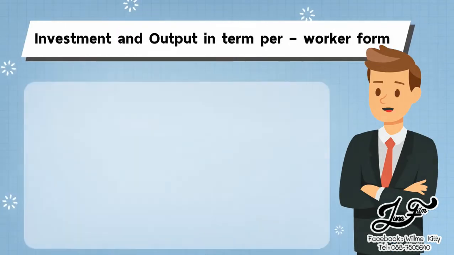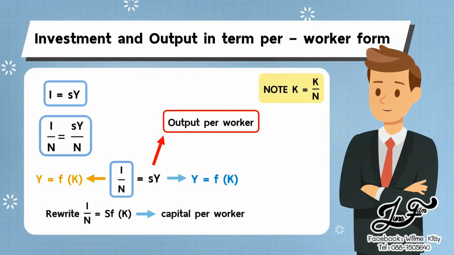Next, investment and output per worker. To calculate investment and output in per worker form, we use the function I equals small s times Y. We divide the function by N. After we divide I by N, we get the investment per worker, and on the other side, after dividing small s times Y by N, we get small s times small y.